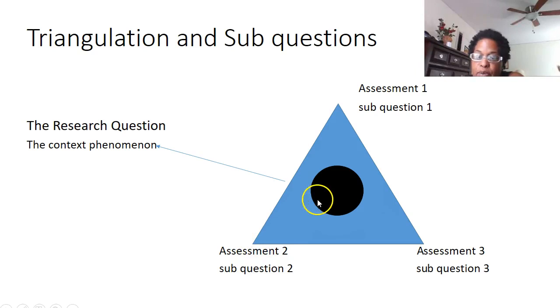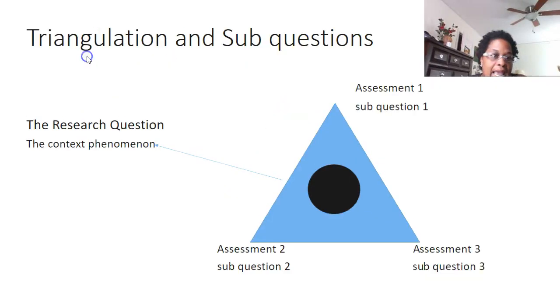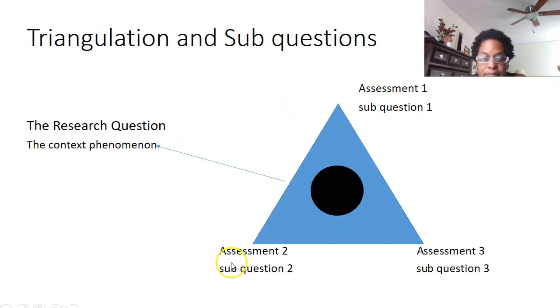When I'm asking this question about increasing fluency, my assessment may be a time sampling, where I'm looking at the time it takes students to answer. So I'm doing a time measurement, or I might be doing a checklist, where I'm observing how long it takes students to recall information. That's a different type of assessment, and so I might be looking at the situation from a different point of view.